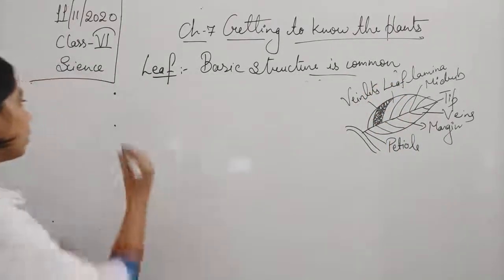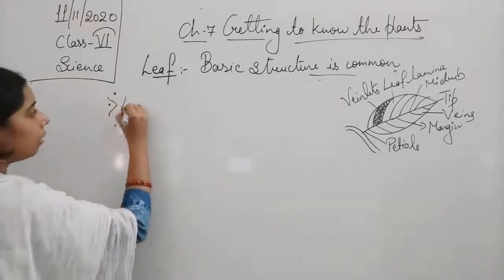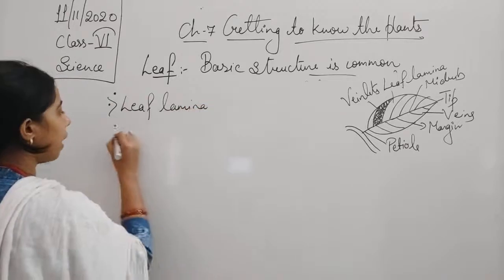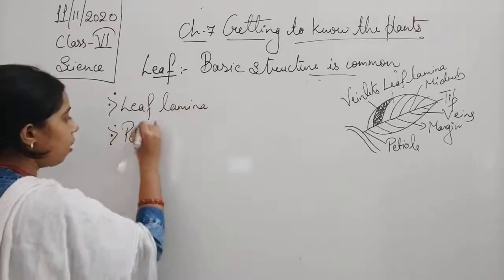Okay, so till now, students, we talked about the leaf lamina. Now we will move forward and see the definition of the petiole.